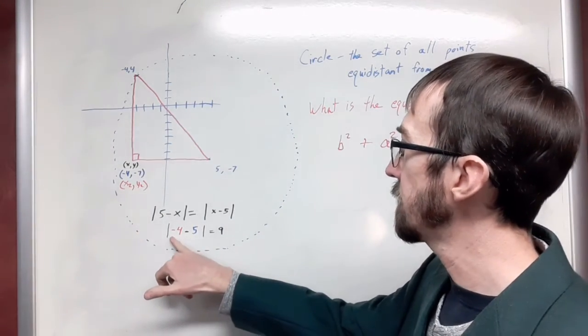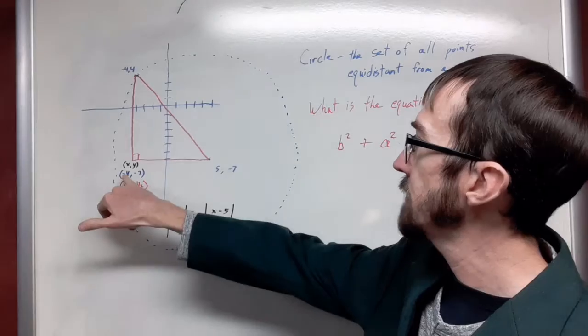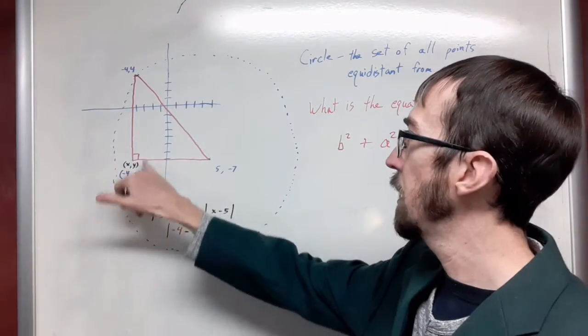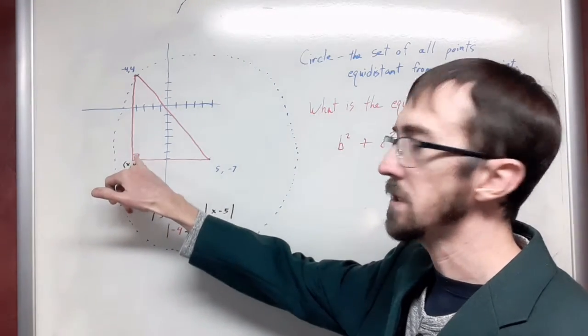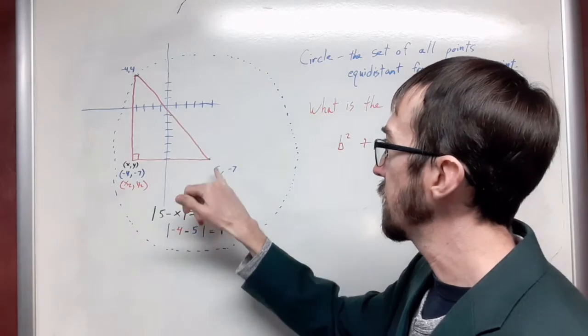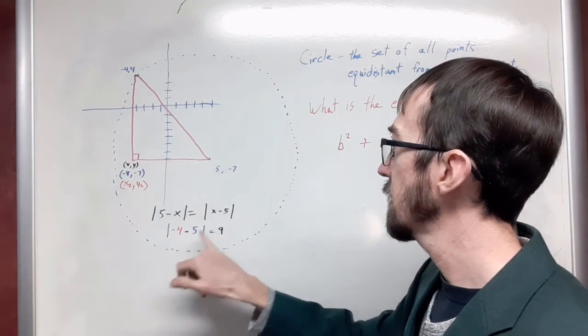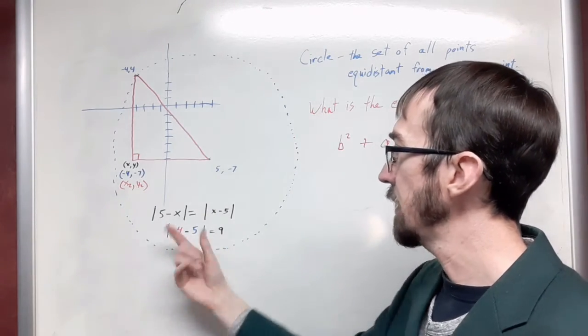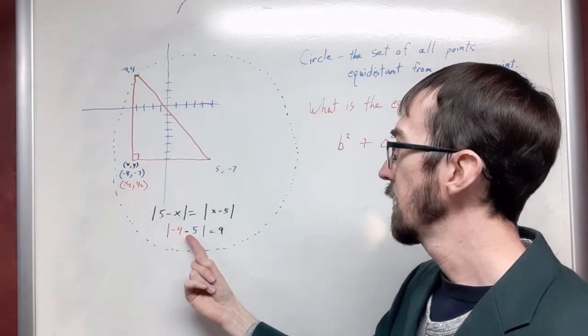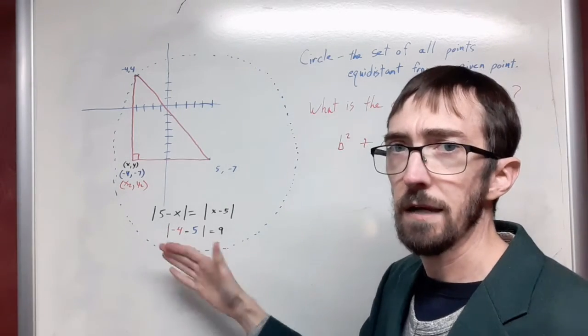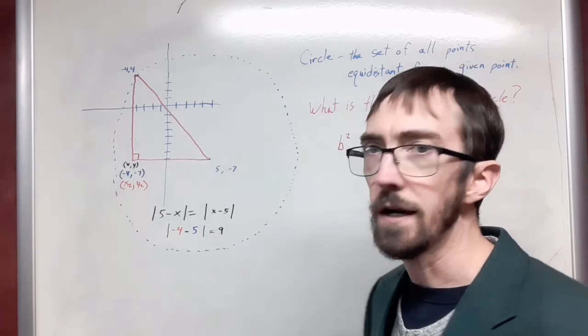We have -4, which is our x value for this intersection point that gives us the 90-degree angle, and we're subtracting 5. We get positive 9 because we have -4 minus 5, which is -9. The absolute value is positive 9.